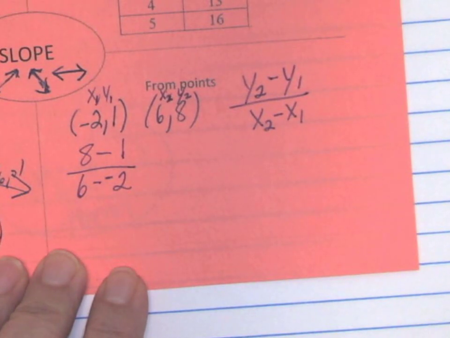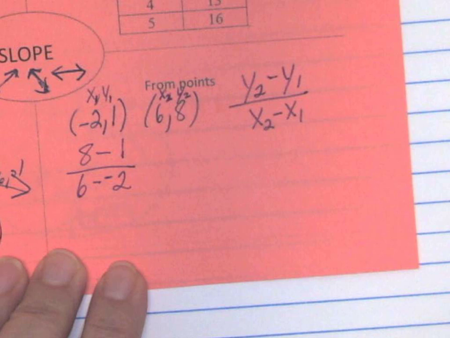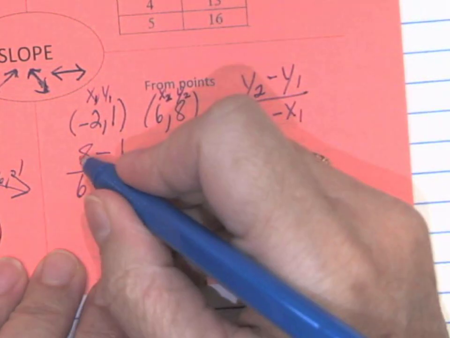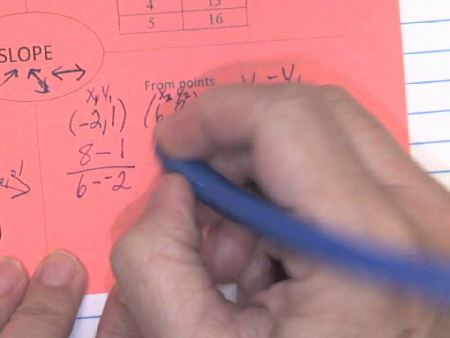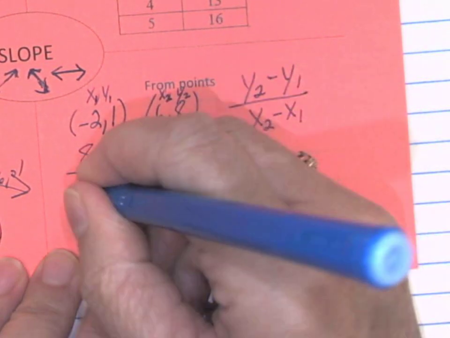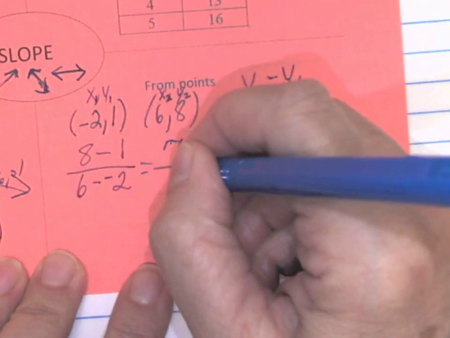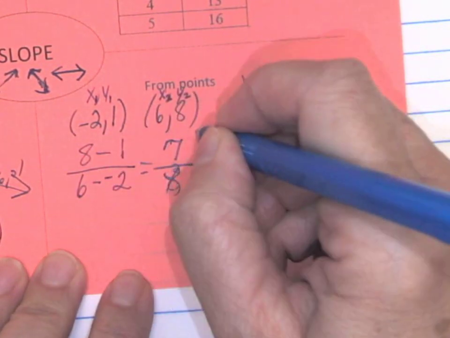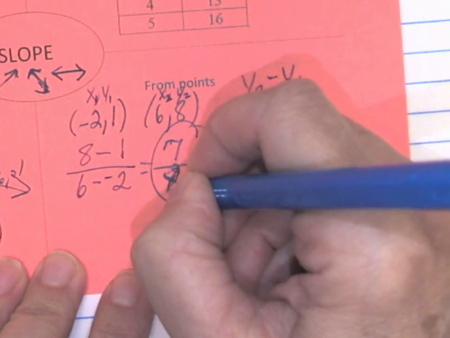I can type this into my calculator or I can just do the math in my head: 8 minus 1 is 7, and then 6 minus a negative 2 becomes plus. So what is my slope? It is 7 over 8.